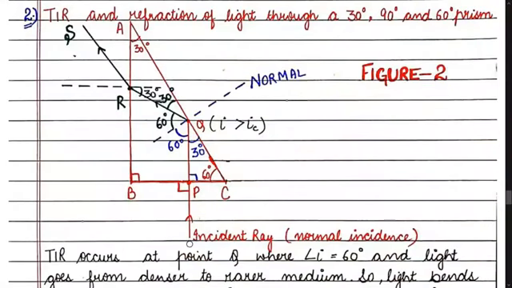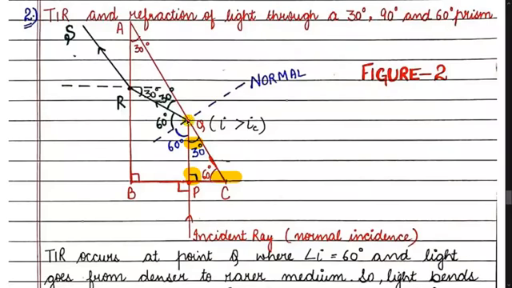Now students, the light is incident normally from point P and thus it will pass without getting deviated. On completion of angles, if one angle is 60 degree at the vertex and 90 degree at point P, then the third angle will be 30 degree according to the angle sum property of the triangle.